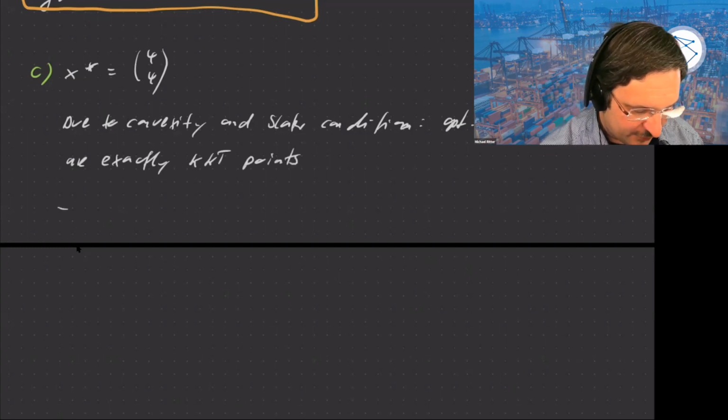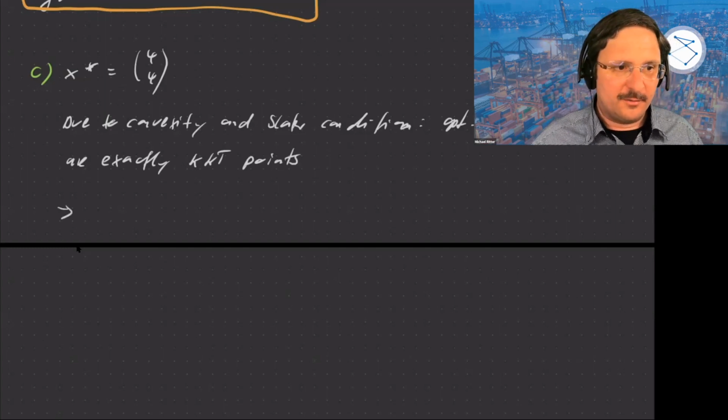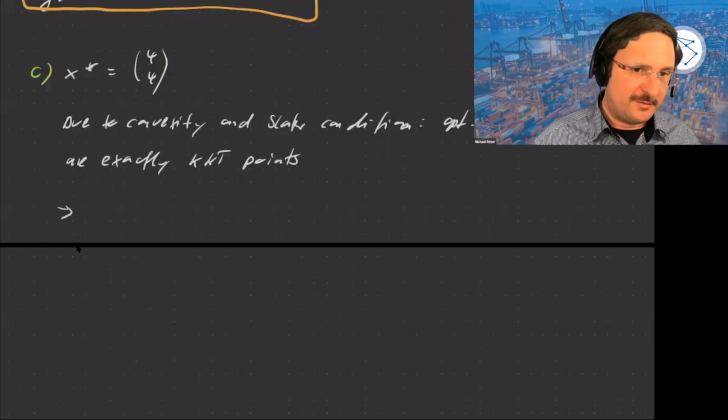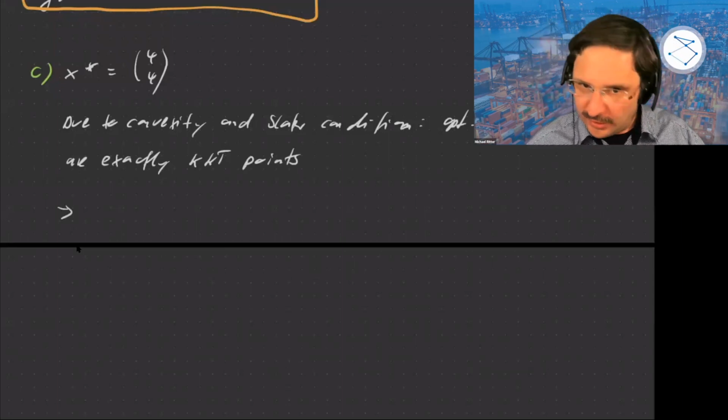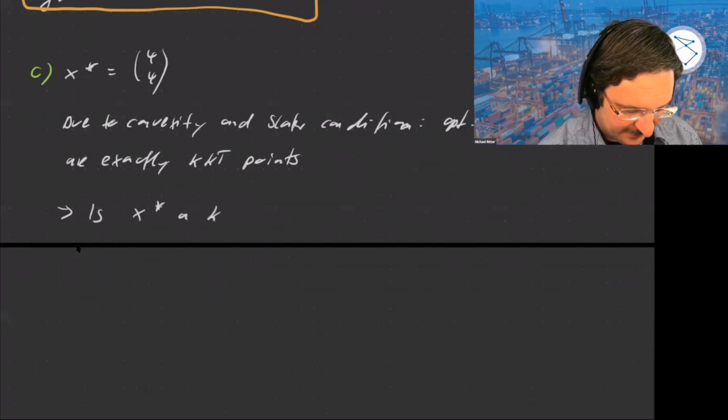So what we have to do is verify whether this x star is a KKT point, then it will be an optimal solution, or not, and then it will not be an optimal solution. So the question is basically, is x star a KKT point?